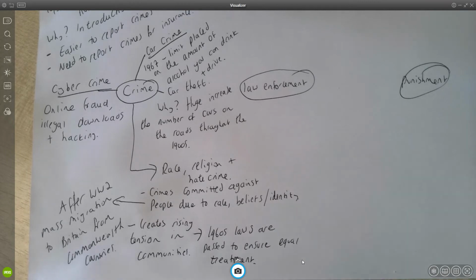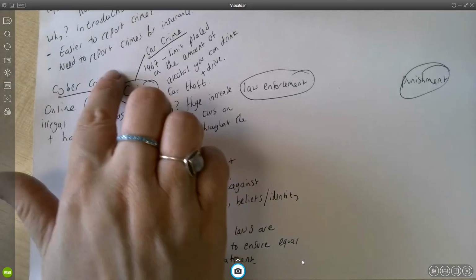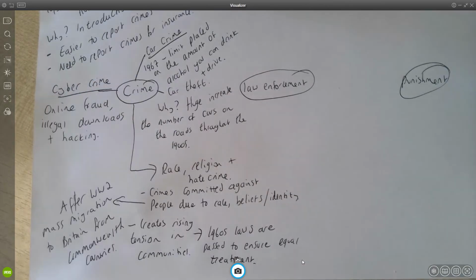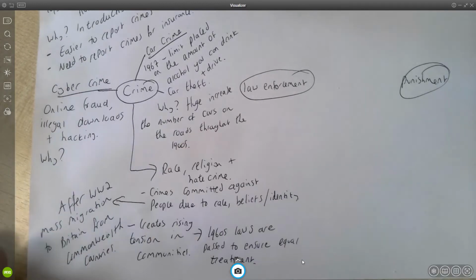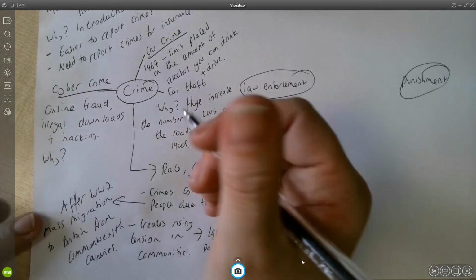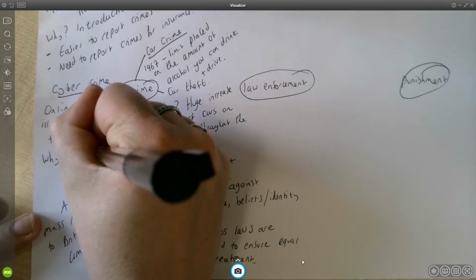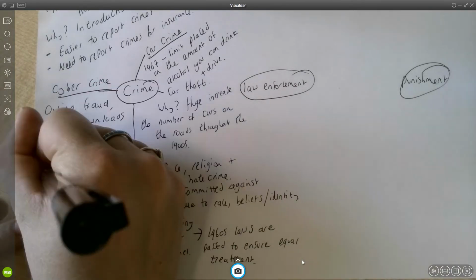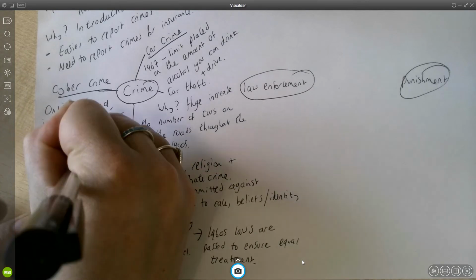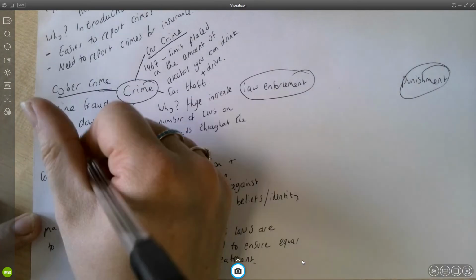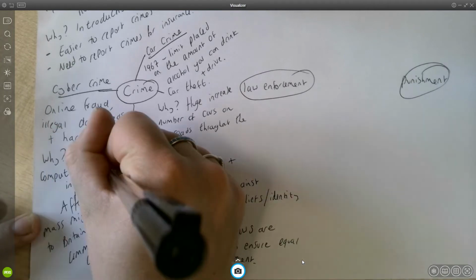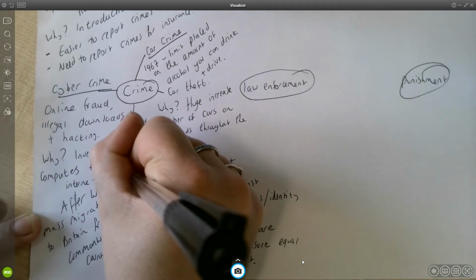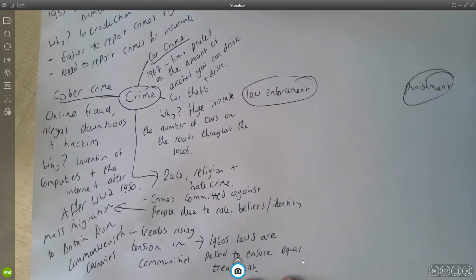So I'd stay safe and use these ones in your answer rather than cyberbullying, in case it doesn't get credited. Why does cybercrime become a crime in this time period? There's the invention of computers and the internet after 1950.